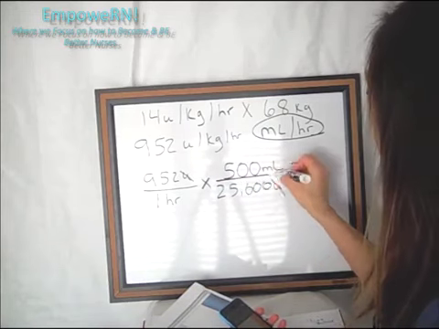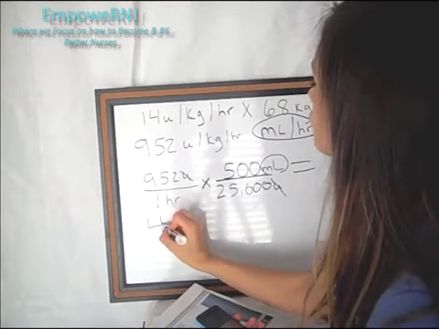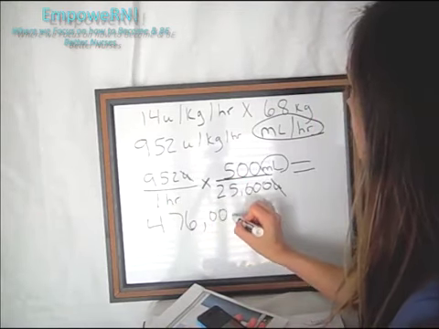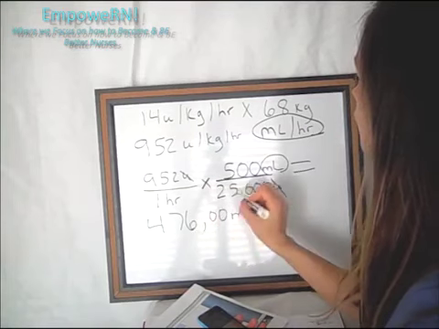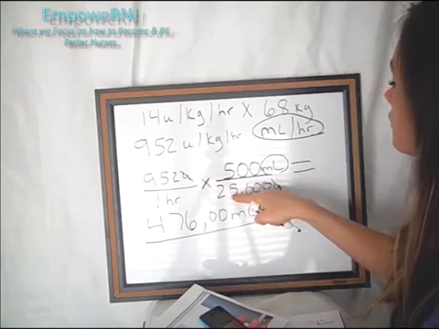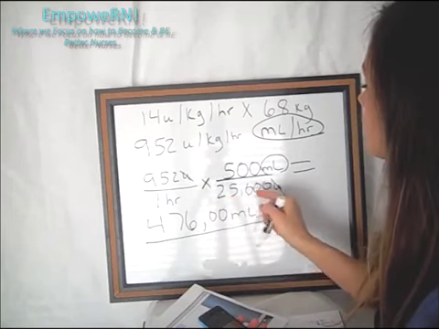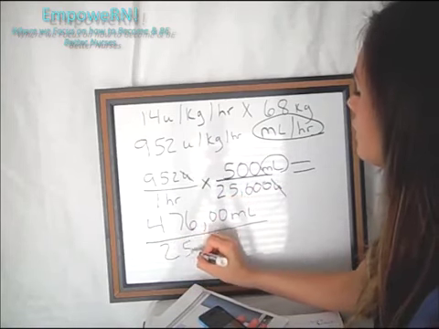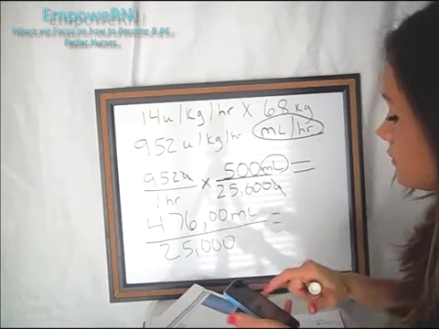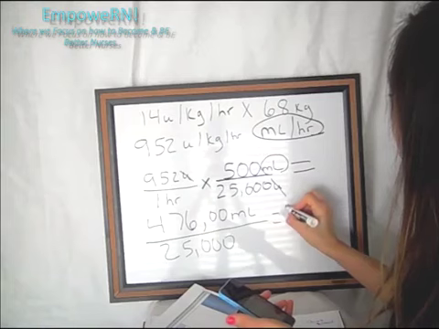And what are we left with? mLs. So 476,000 mLs over, you take 1 hour times 25,000. 1 times 25,000 is just 25,000 equals 19.04.